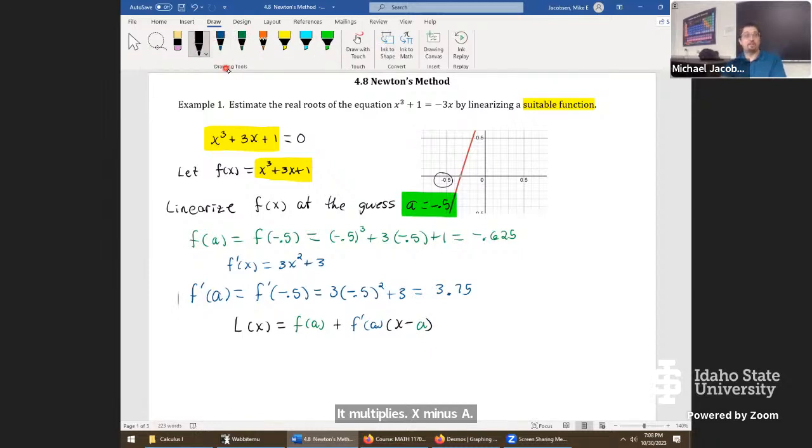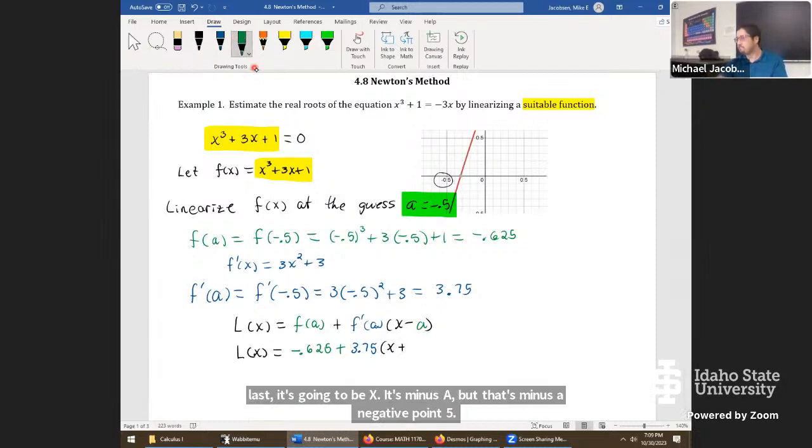So dropping in all the information, we finally have that the linearization at x equals, first for f of a, the value negative 0.625. Then from plus to plus, the derivative of f at a, we found the value 3.75. And last, it's going to be x minus a, but that's minus a negative 0.5. So I'll just write it as plus 0.5.